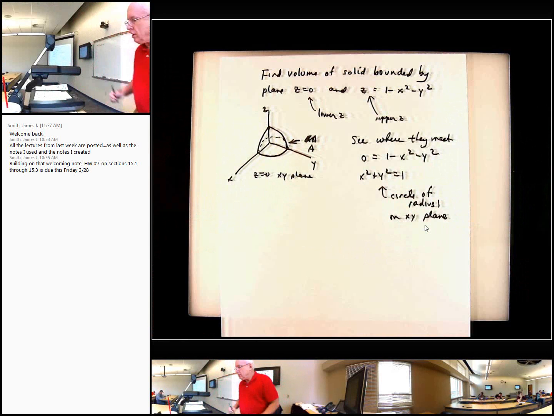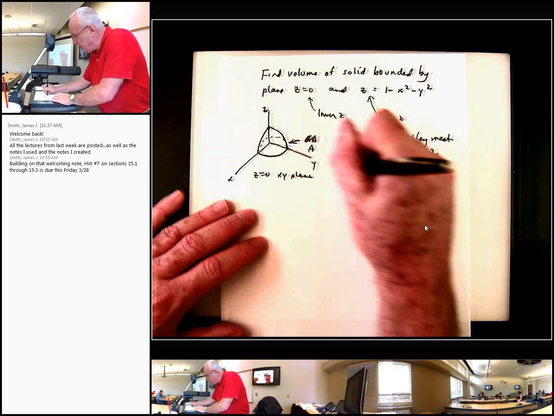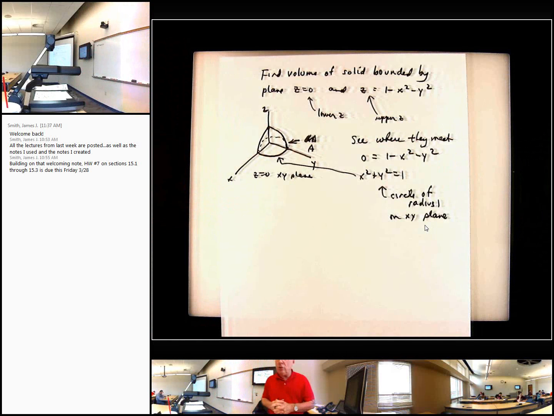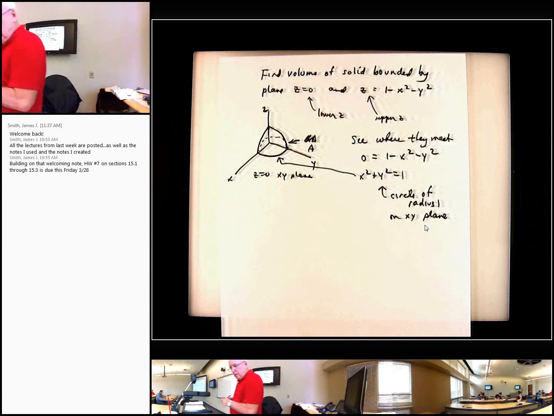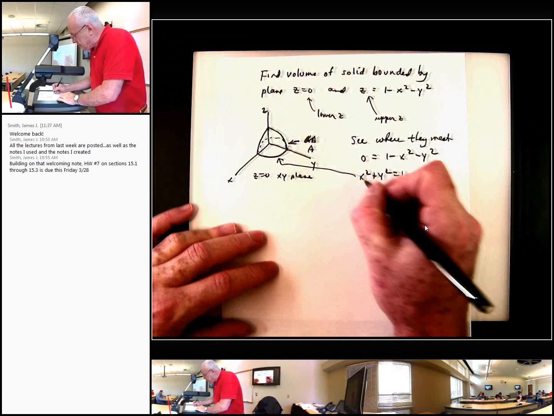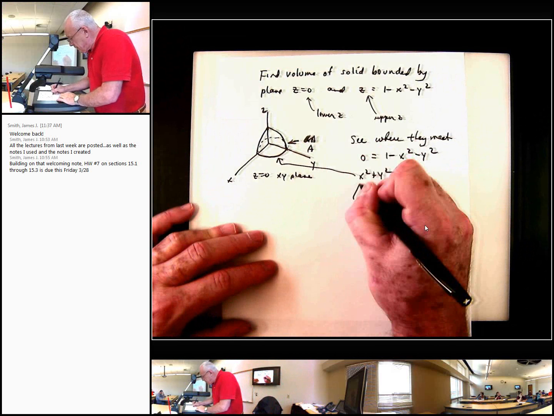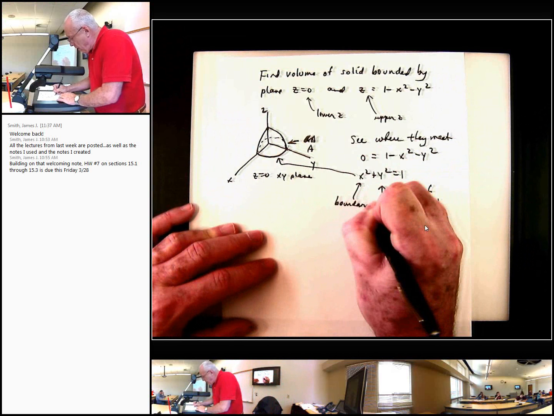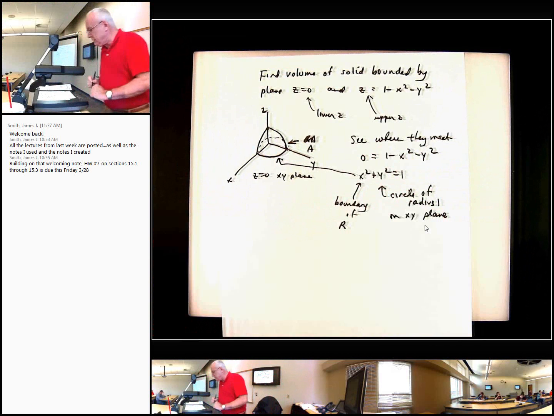All right, so this here is a circle that forms on that xy plane, and this is, shall we say, the boundary of my R that I'm integrating over.